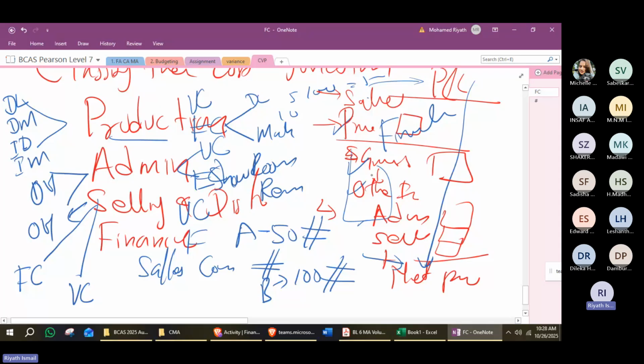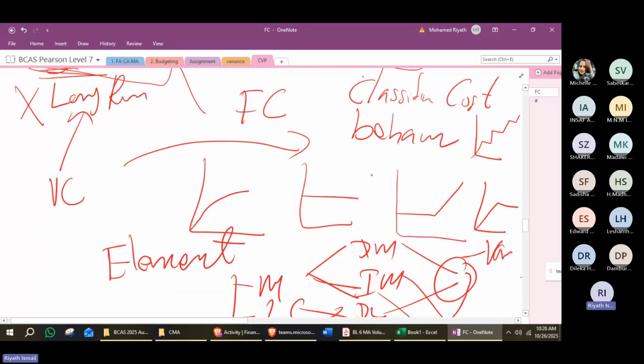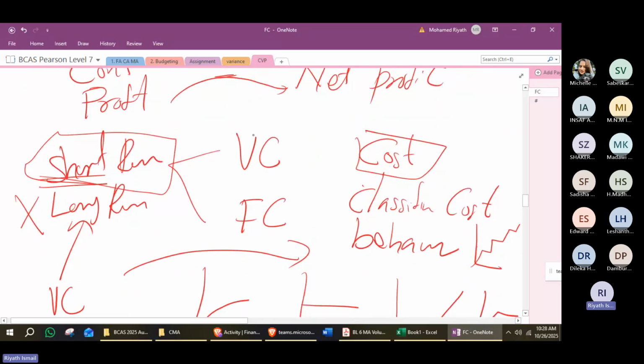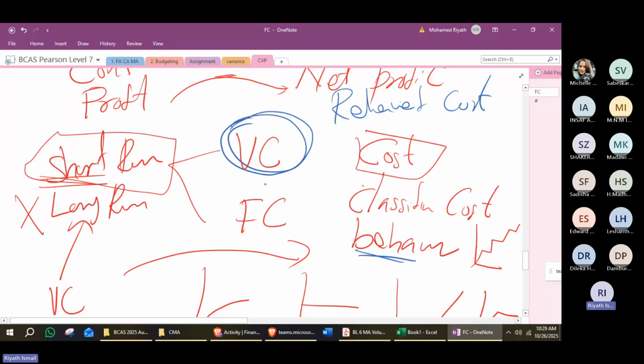But in marginal costing, in short-term decisions, we classify the cost based on behavior. In short-term decisions, I will teach you the relevant cost. In the short run, they divide the cost into variable and fixed cost based on behavior. And in short-term decisions, we assume that fixed costs are irrelevant costs.